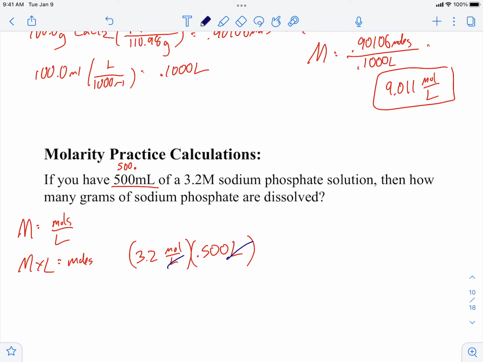Right, 500 milliliters is 0.5 liters. So 1.6 moles. And sodium phosphate is Na3PO4.